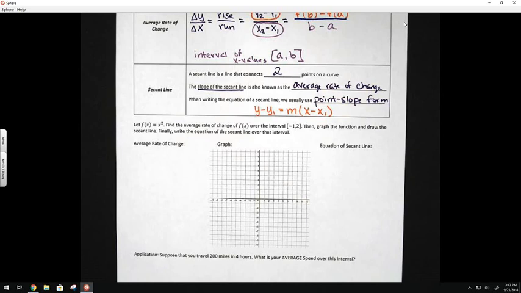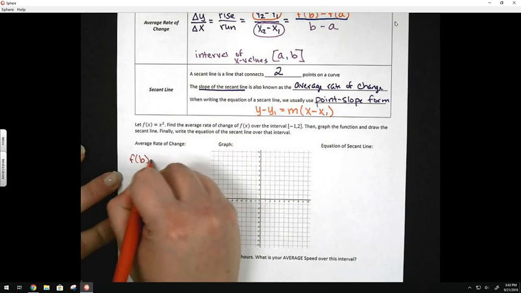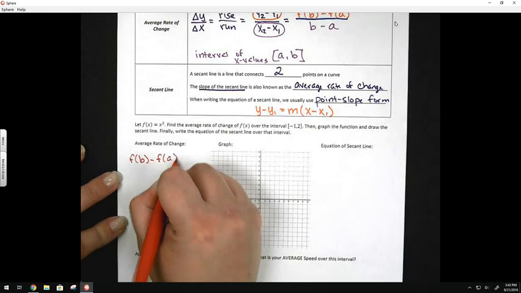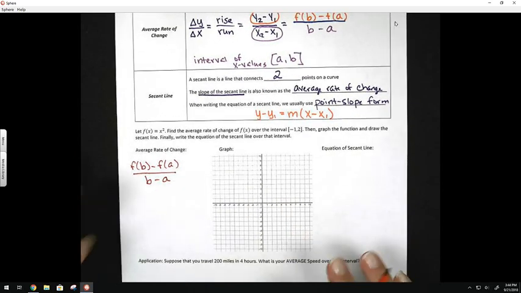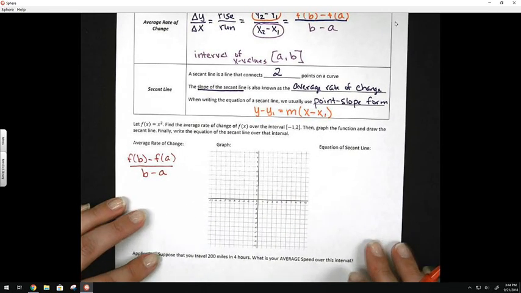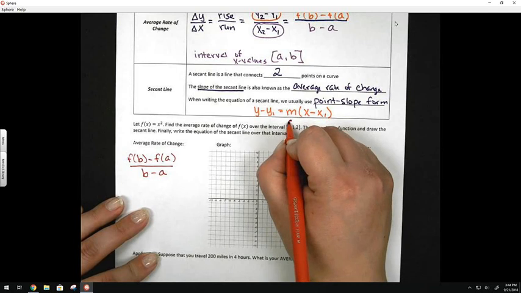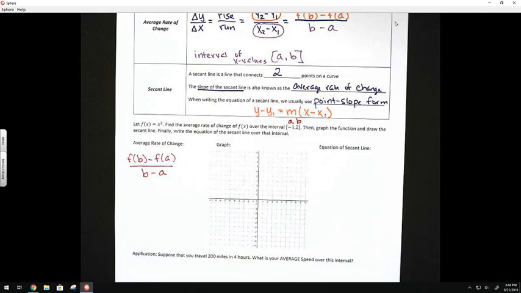So we are going to first find the average rate of change, which remember is just a fancy way of saying the slope. So we know that we need this formula, f of b minus f of a all over b minus a. So in order to do this, we need to know what a and b are. Well, a and b are the endpoints on our interval, which means a is going to be -1 and b is going to be 2.